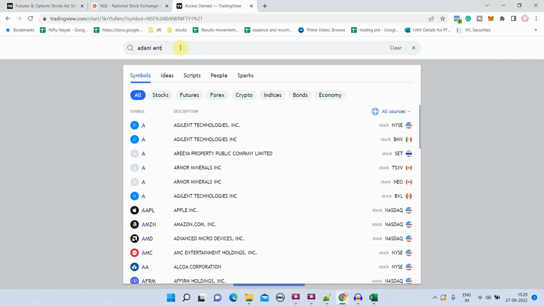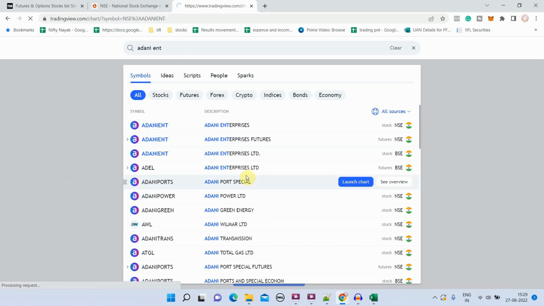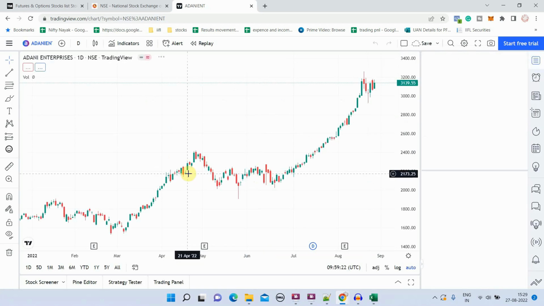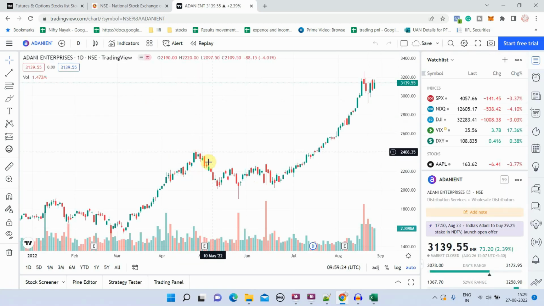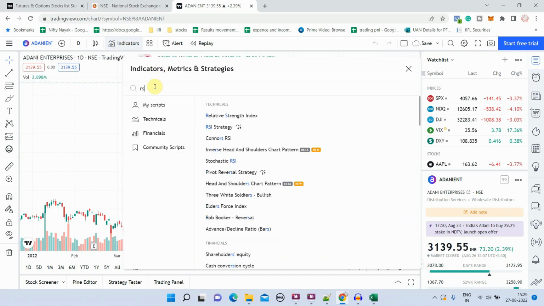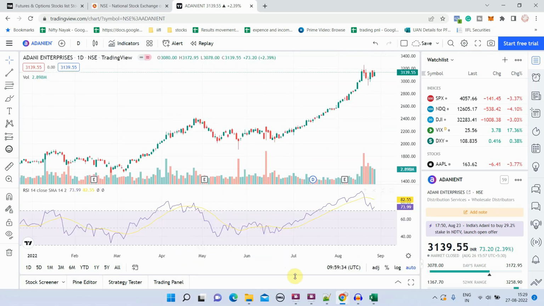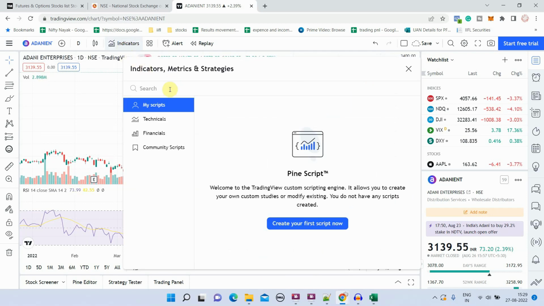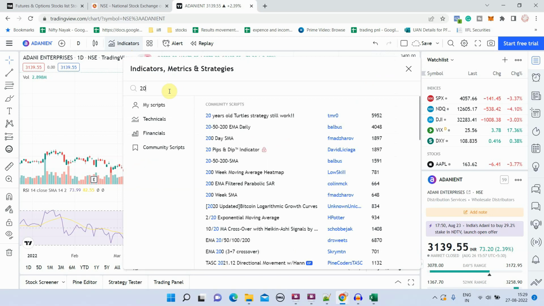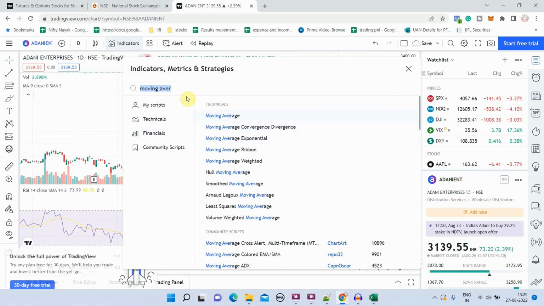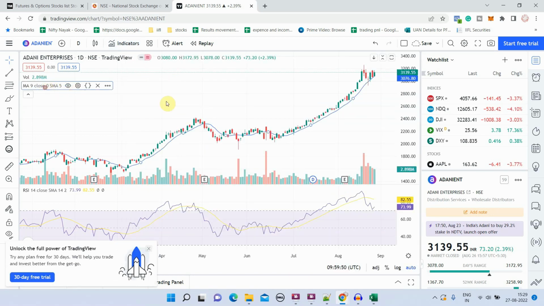Here I'll add the RSI indicator, the relative strength index, the default one. And let me add a 20-day moving average as well. It's taken 9, so I'll make it 20.